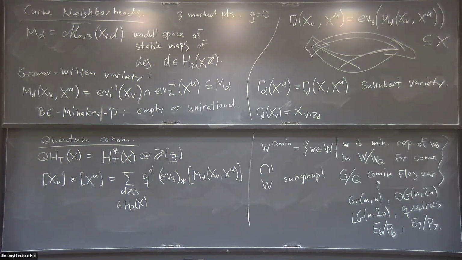But in general, the dimension of M_d as d increases sometimes stays the same, but eventually increases. It can stay the same if you have a variety that's not Fano.